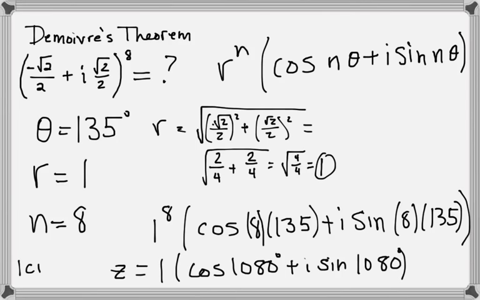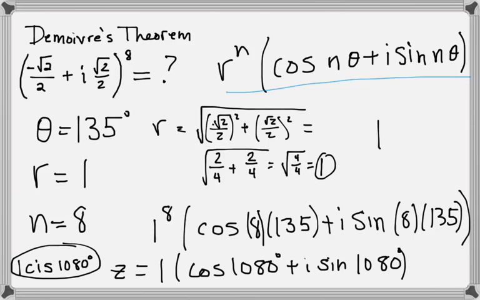But if I let that finish out, I could write it in the shorthand form, or we could write it in its other form, which would be what? Cosine of 1080 is 1, plus 0i, or just 1. That's its rectangular form, a plus bi.